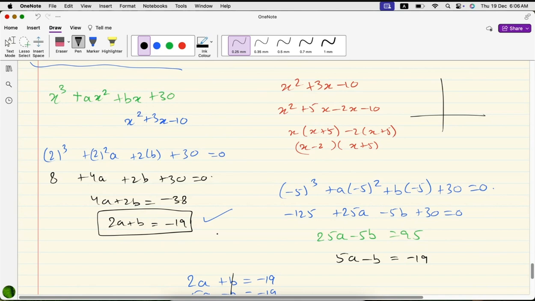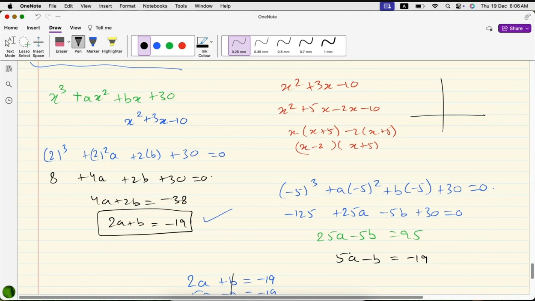And then when we use minus 5, 5 into 5 into 5 is 125, and negative 125, and 5 square is 25, and negative 5b and 30. 30 minus 125 is minus 95.